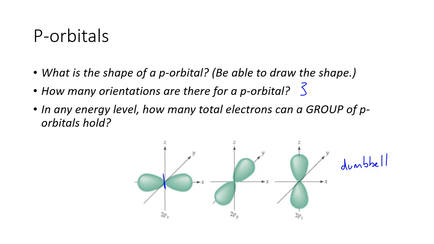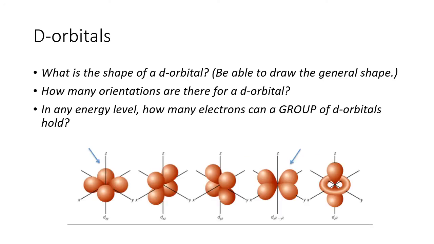In any energy level, how many total electrons can a group of p orbitals hold? Each of these can hold 2 electrons, and so if we add up all of those electrons, there are 6 electrons total in a group of p orbitals.